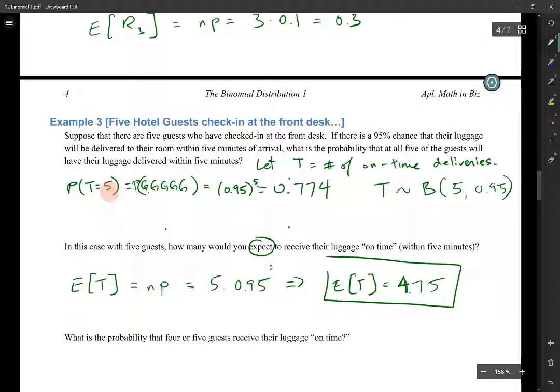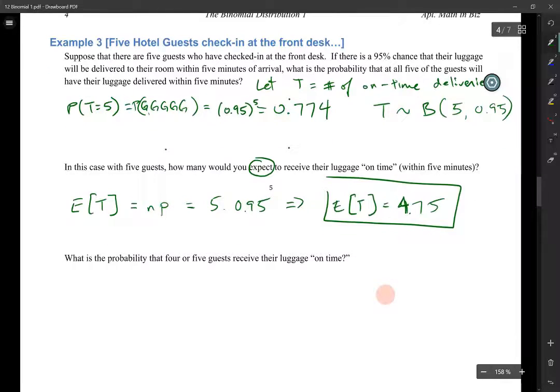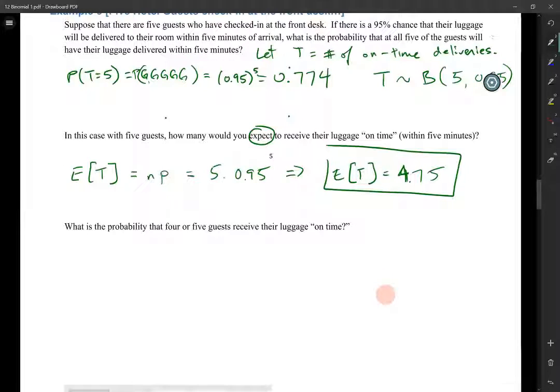The probability of 5 is 0.75, so it's really very likely. It's clearly between 4 and 5, but really much closer to 5. So you really expect almost 5 of them all the time to get the luggage delivered on time. So now what is the probability that 4 or 5 guests receive their luggage on time?